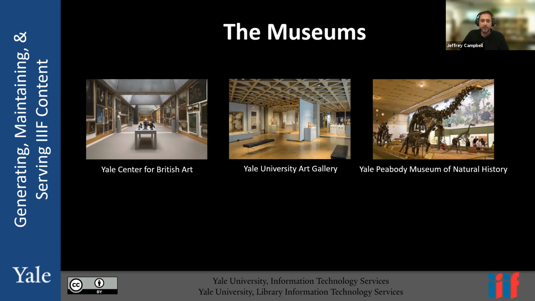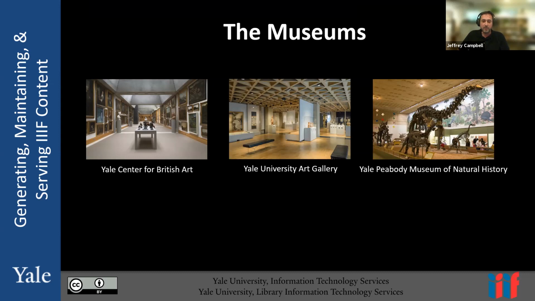The museums consist of the Yale Center for British Art, which houses the largest collection of British art outside of the UK. The initial collection was created by Paul Mellon and willed to Yale after his death. The collection's expanded since then. The Yale University Art Gallery is one of the largest university art galleries in the US and started in the 1700s.